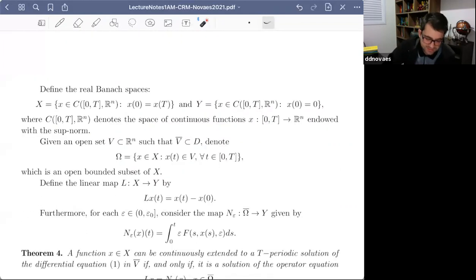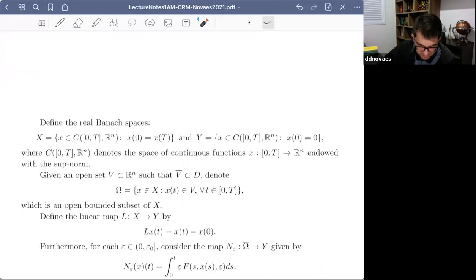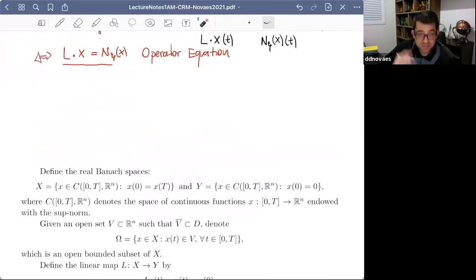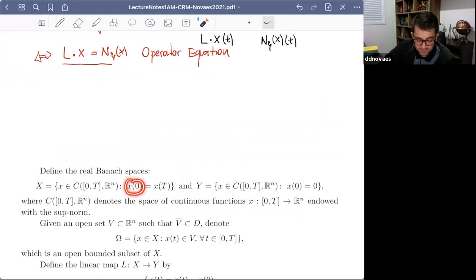So let us define X as being the set of continuous functions, just like these ones, such that x of 0 is equal to x of T. I'm not assuming that those functions are periodic because they are only defined in the interval. But we have the property that if a solution coincides for 0 and for T, then it can be continuously extended to a periodic solution.